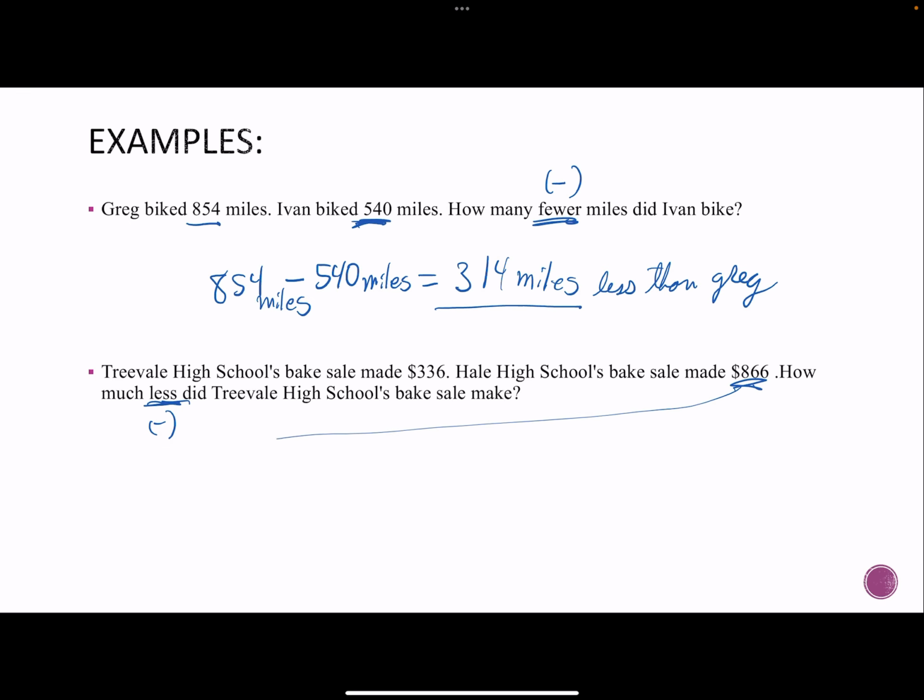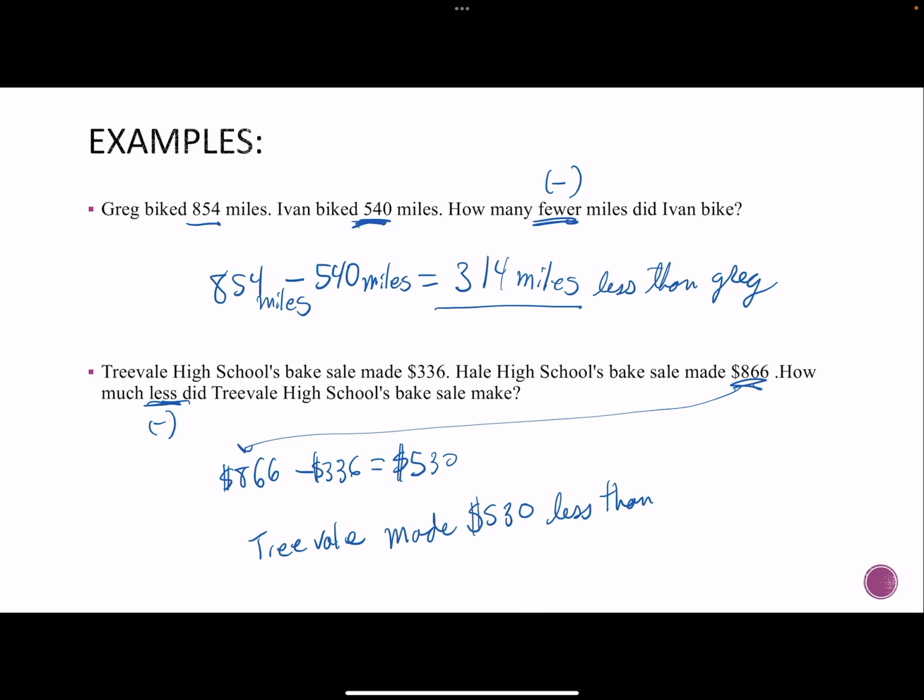So I'm going to take the amount that Hale High School made, again, keeping track that this is dollars. They made $866. And I'm going to take away from that or subtract $336. And that would give me a difference, again, another subtraction word, of $530. So we could say that Treevale, and you don't have to write this in a sentence, but it can be helpful, Treevale made $530 less than Hale.